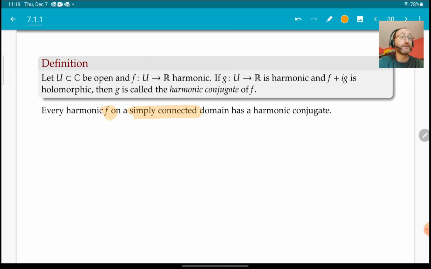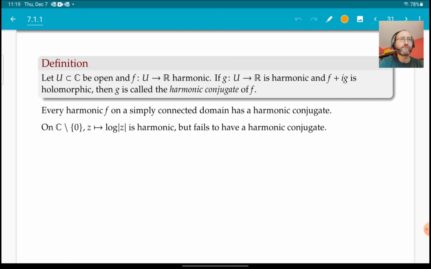right? So every harmonic f on a simply connected domain has a harmonic conjugate, because I can find it as a real part of a holomorphic function. However, if I look at something that's not simply connected, then it's not necessarily true. So, for example, on C minus the origin, the punctured plane, if I look at log of mod z, which is the real part of some branch of the logarithm, so it's harmonic.